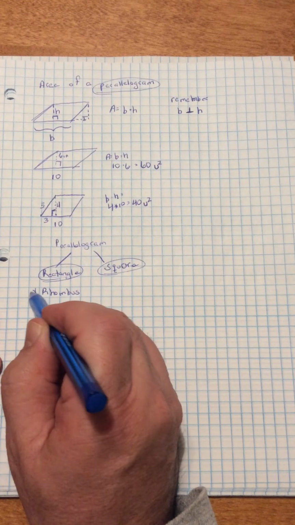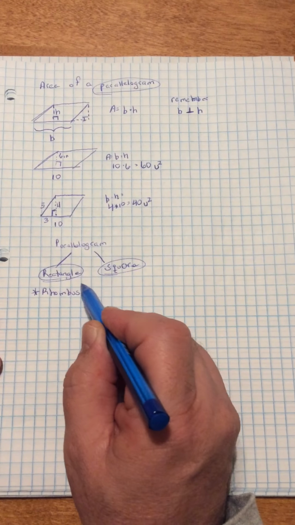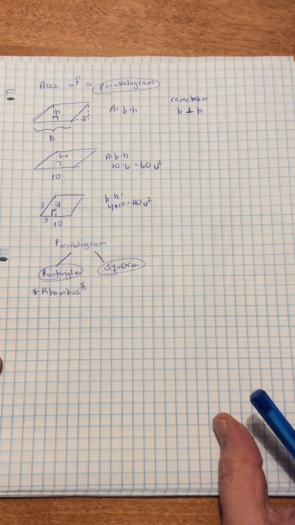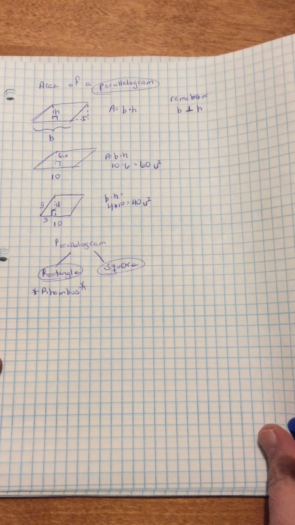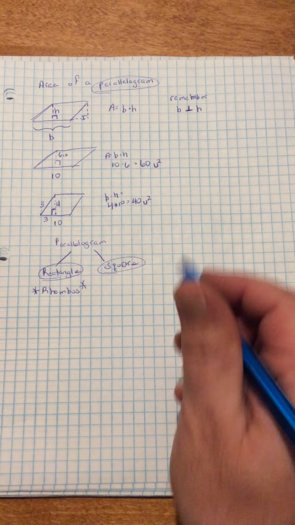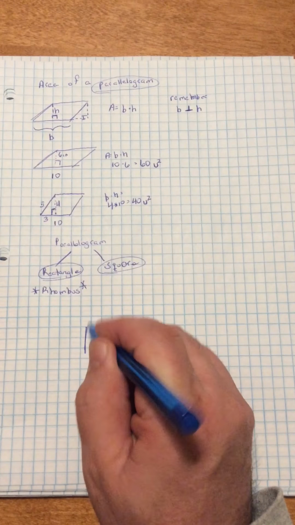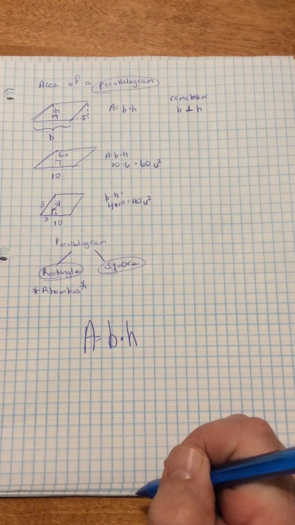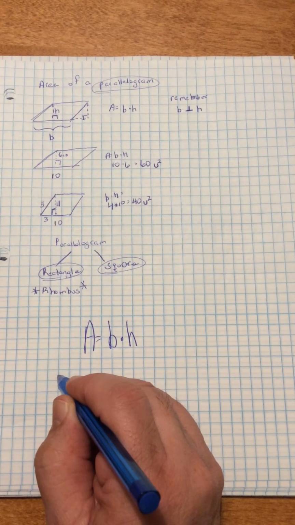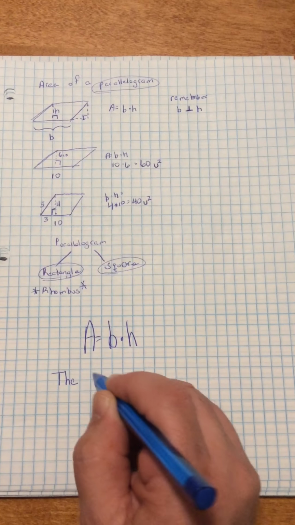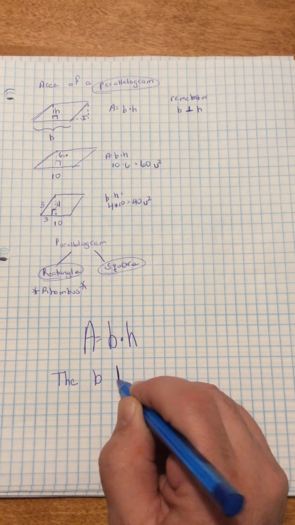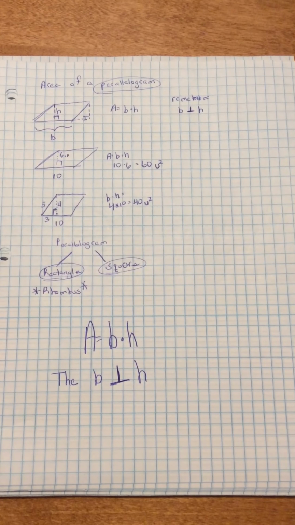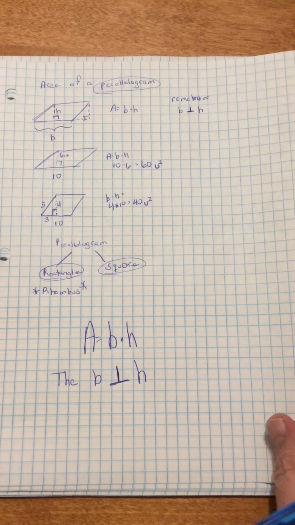We could use it for a rhombus, though we will have a special formula that we can use for a rhombus. So remember, area of a parallelogram is simply base times height, where the B has to be perpendicular to the H. Okay?